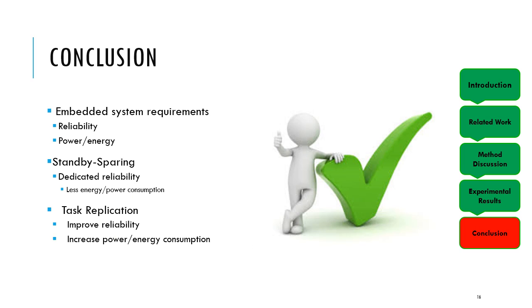In conclusion, low power consumption and high reliability are two main objectives in designing embedded systems, especially hard real-time embedded systems. We compared different fault-tolerant techniques used for reducing power consumption of embedded systems.